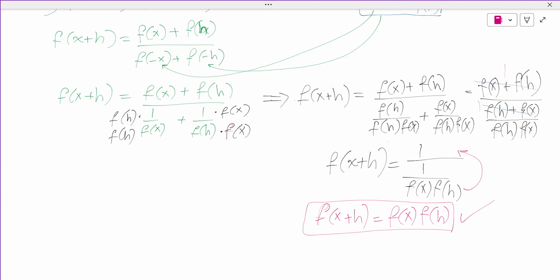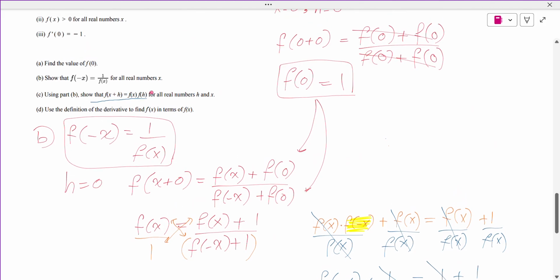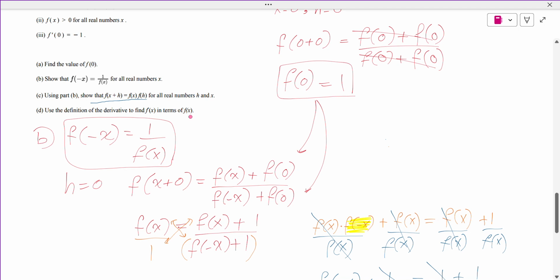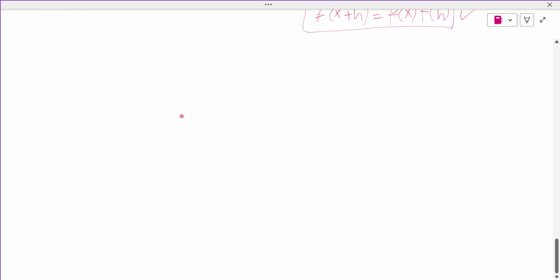So the last part in this question says use the definition of the derivative to find f prime of x. So this is f prime of x in terms of f of x. So let's do part D here, okay?